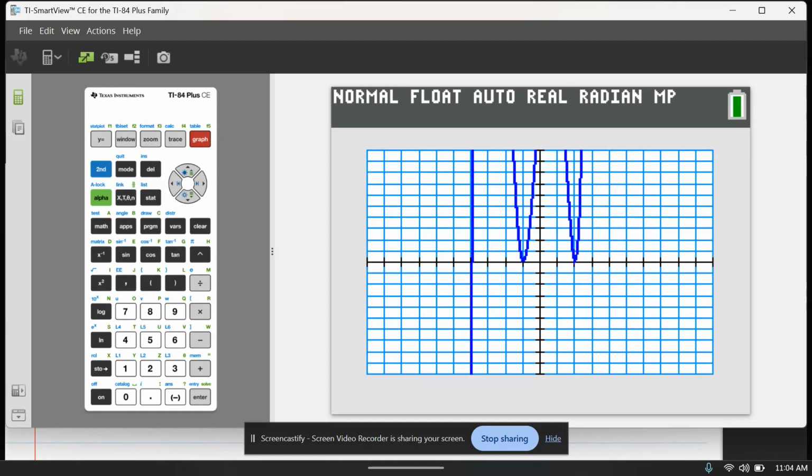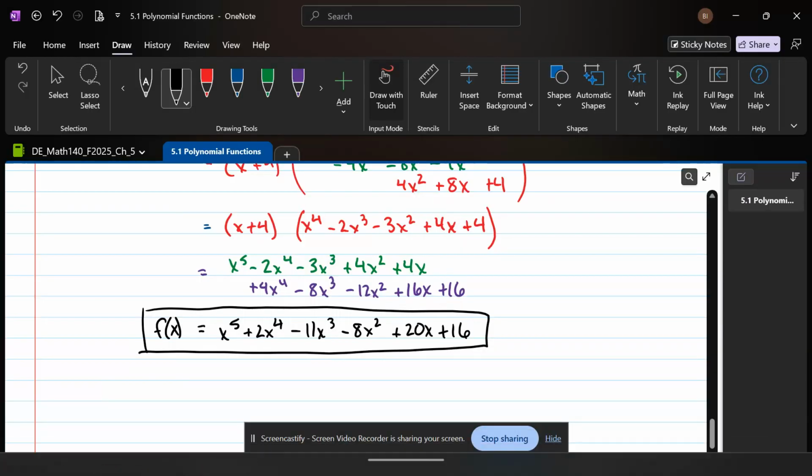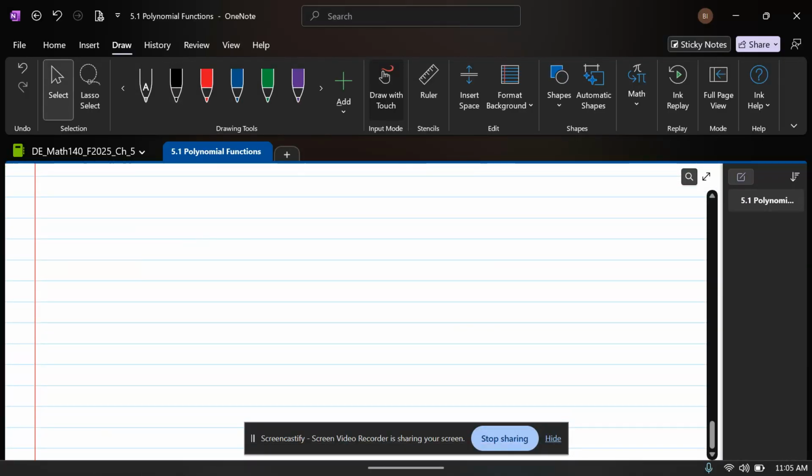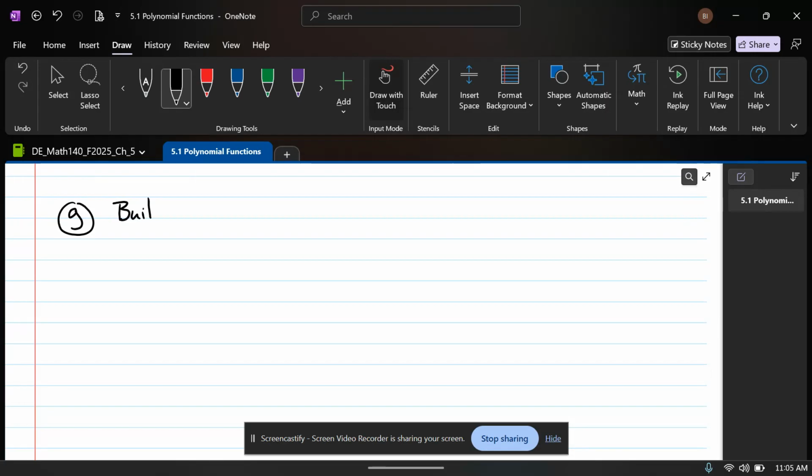All right. Now, let's build us a polynomial from a graph. Build the polynomial from the graph.